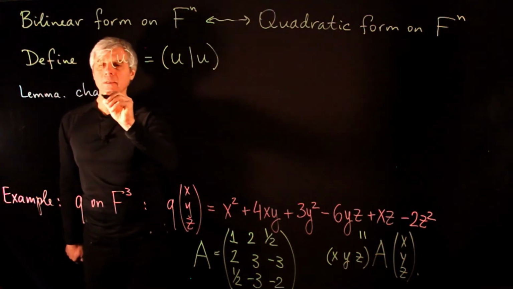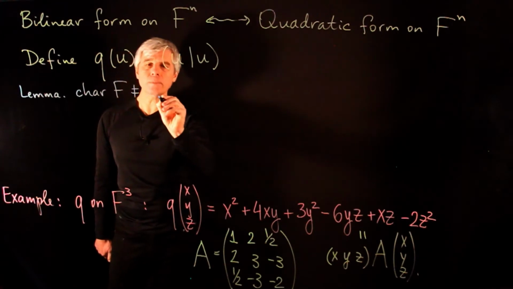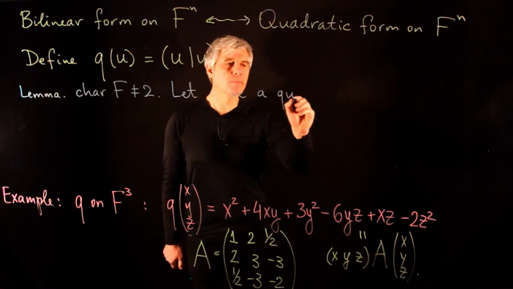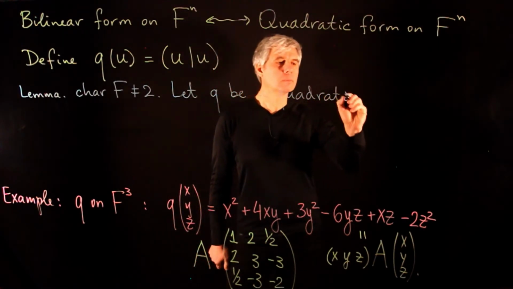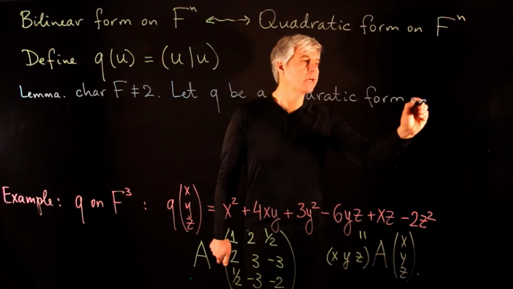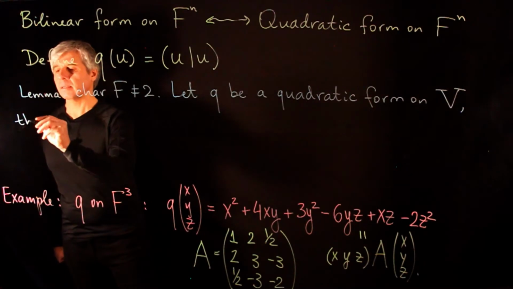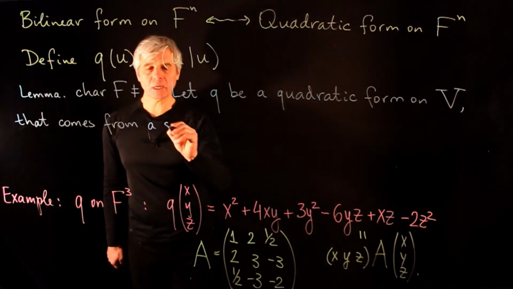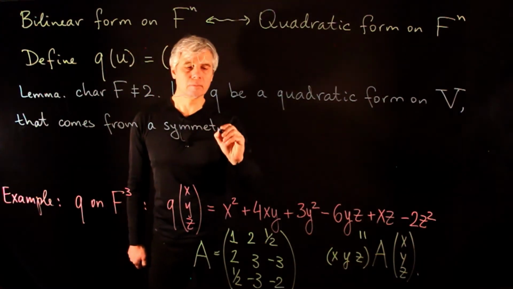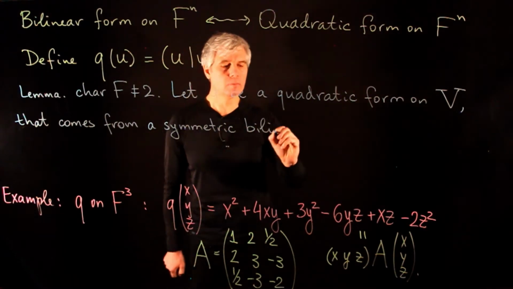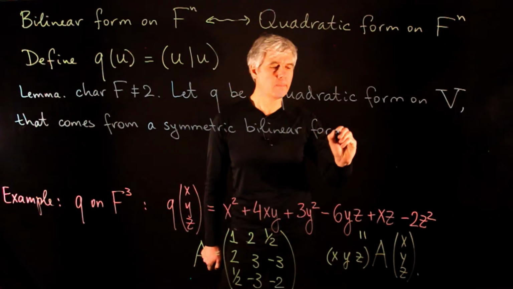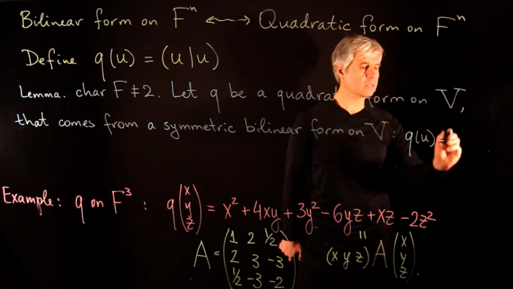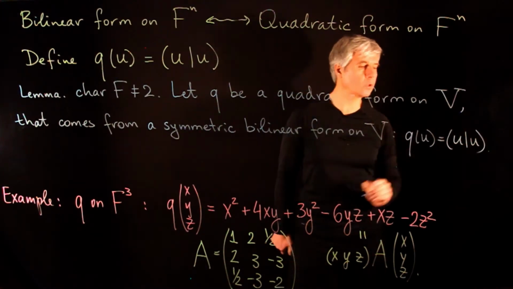Suppose the characteristic of the field is different from 2, and let Q be a quadratic form on a vector space V that comes from a symmetric bilinear form on V. So that is, we define Q of u as the bilinear form evaluated on u and u.